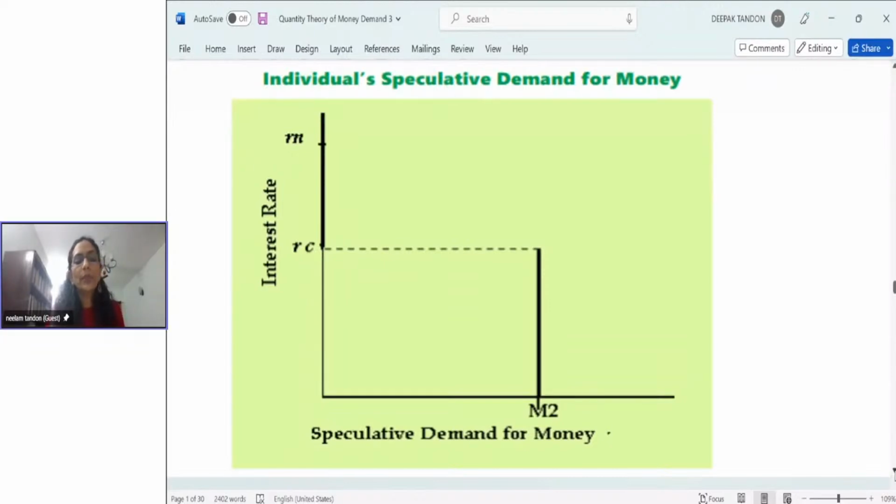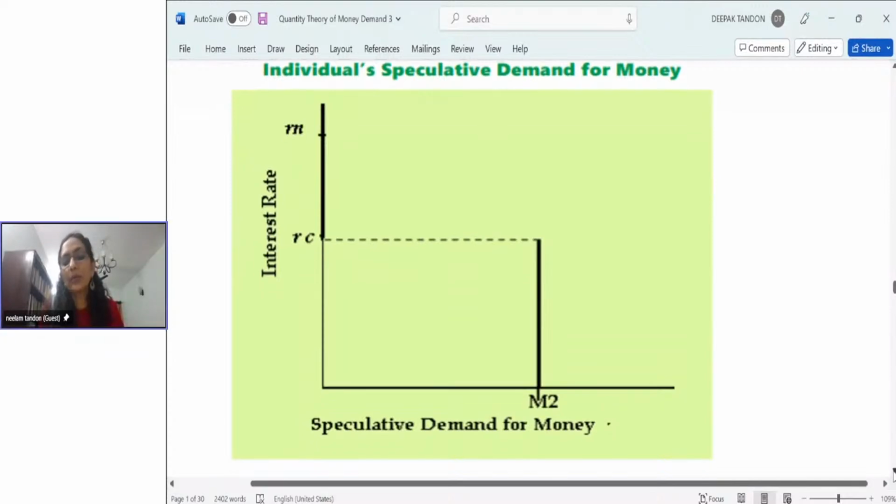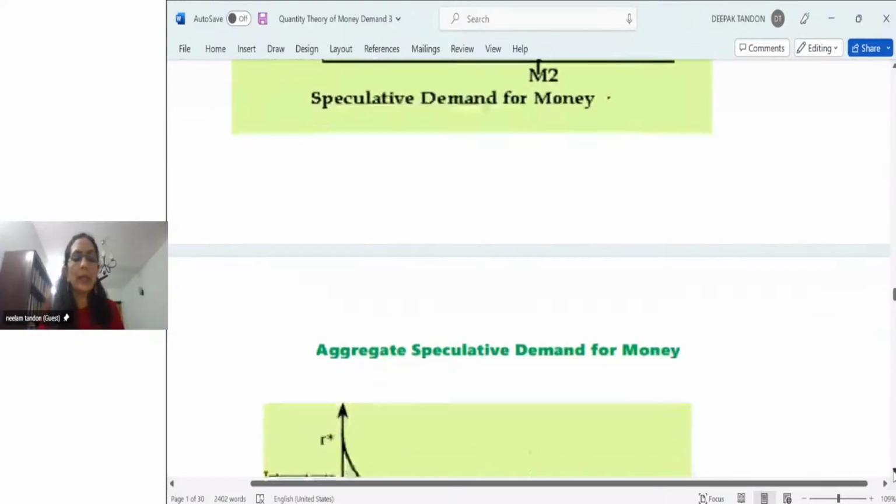That's why you see that money demand in that case will be zero when the critical interest rate is lower than the interest rate which is there in the market. So if the nominal interest rate or the current market interest rate is more than the critical interest rate or the normal interest rate, what you perceive, then definitely you'll go for investing in bond. That is individual speculative demand for money. Clear?